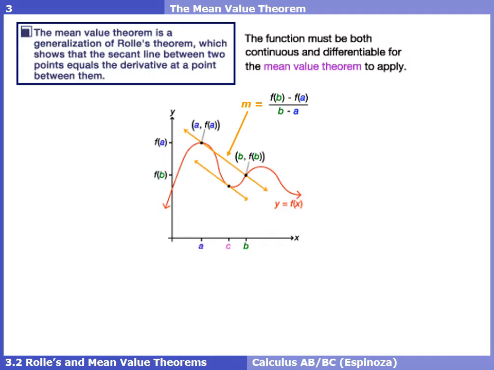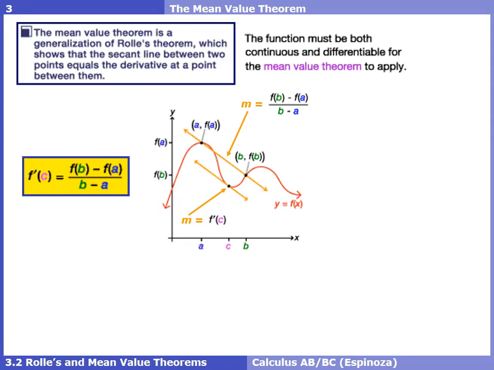So that slope, which is the slope of a secant line, is equal to the slope of a tangent line. How do we write the slope of a tangent line? Well, the slope of a tangent line, which is again an instantaneous slope, is just a derivative. And since I called that point C, the slope of that tangent line would just be f prime of c. Which brings us to the formula or the equation of the mean value theorem.